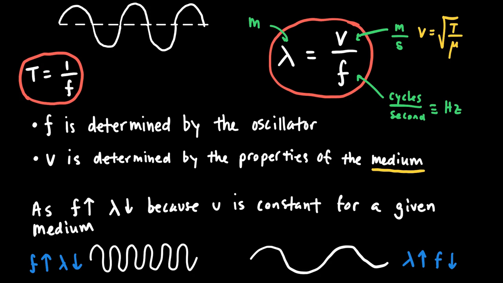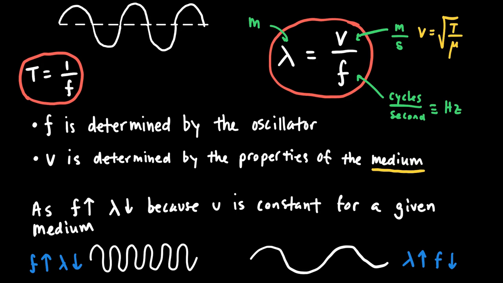The frequency, however, of the wave is determined by the oscillator. So if I'm the one generating the waves, the faster I move my hand back and forth, the more waves I'm generating per second, the more cycles of waves that are passing a point per second. And we measure frequency as cycles per second, which we represent as hertz. And lastly, the wavelength, right?